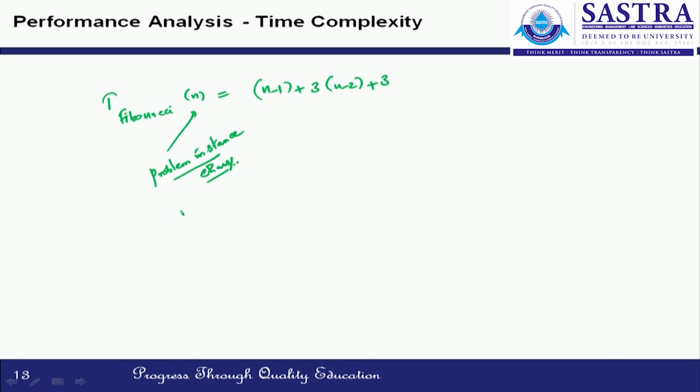That means finding the nth number in that sequence, and T indicates the total number of execution steps.